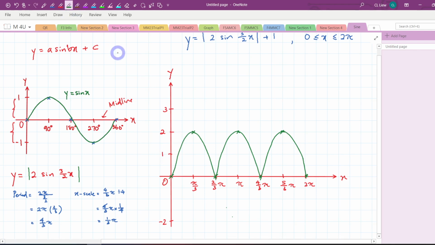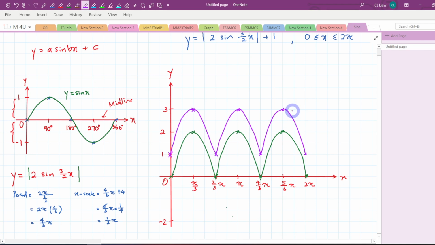Now, the whole graph will be shifted upward 1 unit. So 0 will become 1. When x is equal to pi over 3 radian, this is 2, right? Go up 1 unit. And here do the same thing. Go up 1 unit. All the points go upwards 1 unit. Okay, so then we just connect all this together. This is our graph, not that smooth, but it's okay.